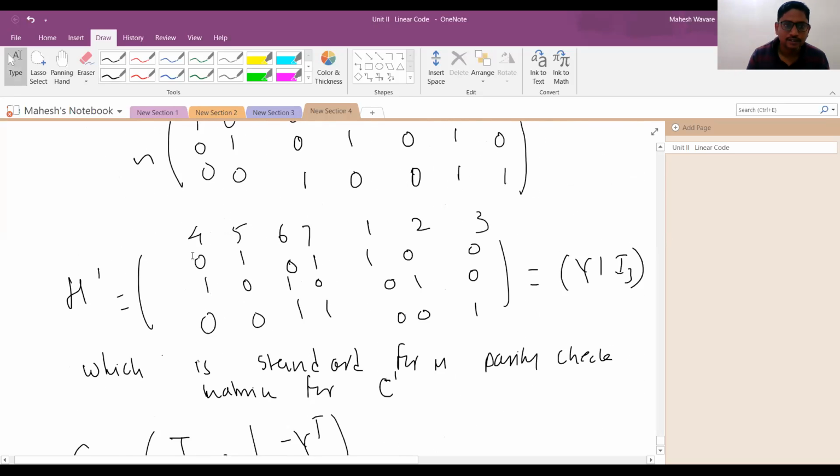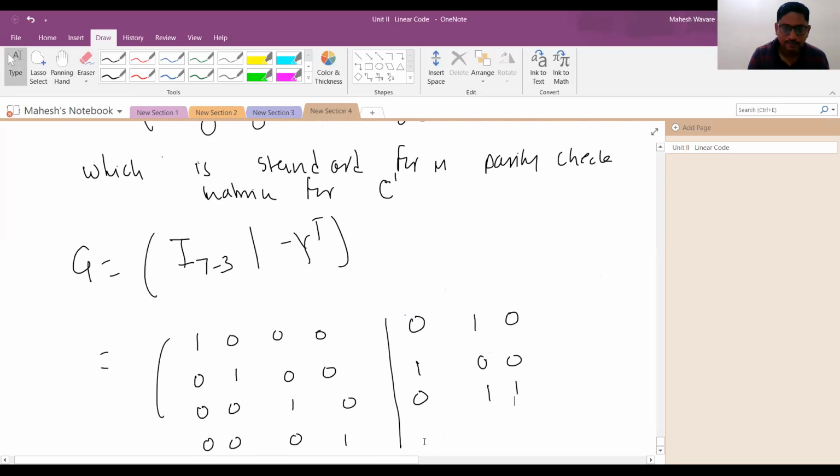It's not third, I am saying this is first, second, third; here fourth means seventh. It is 1, 0, 1. And minus 1 means plus 1, minus 0 means 0 in the binary. This is G dash actually. So G dash is the standard form generator matrix for the code C dash, and C dash is equivalent to C, because we are just permuting the columns. You rearranged them, you didn't multiply by any scalar.